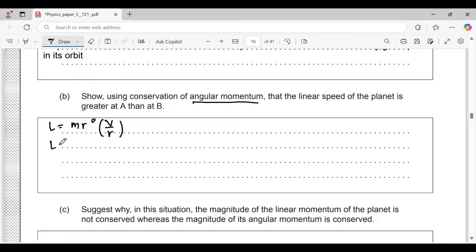We can simplify, and it becomes m r v, because r squared over r equals r.